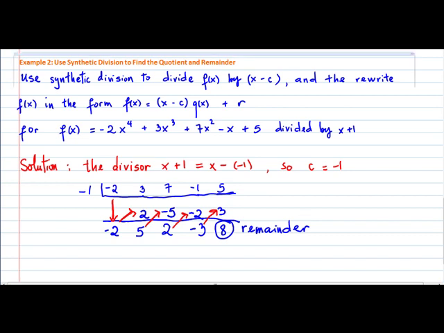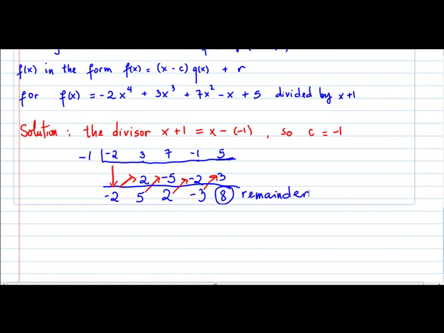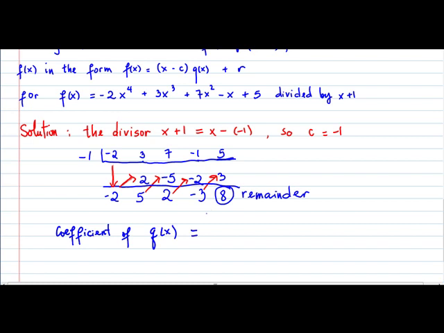Okay, so now that means the coefficients of the Q function, or the quotient, will be, let's see, I have power 0, 1, 2, 3.